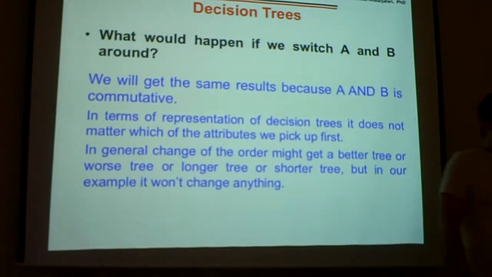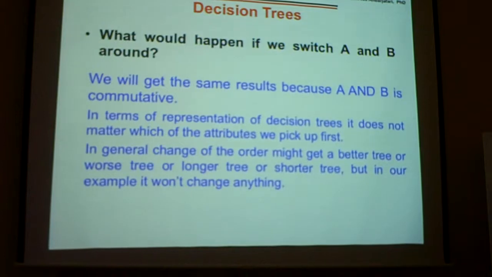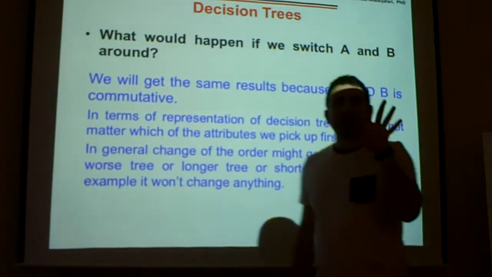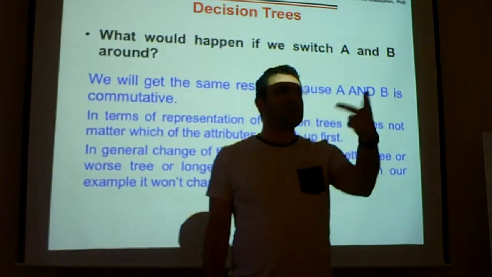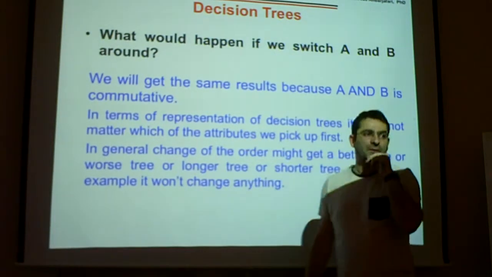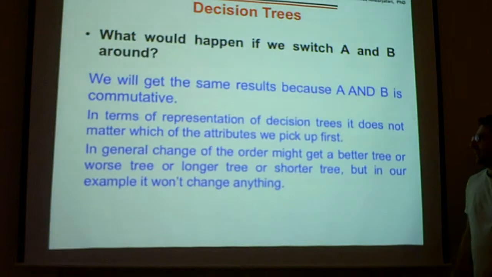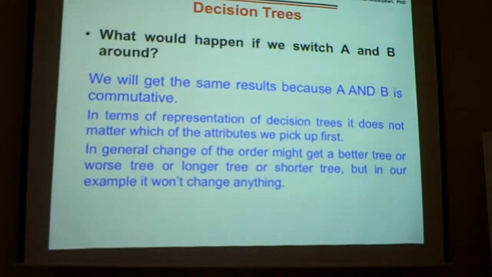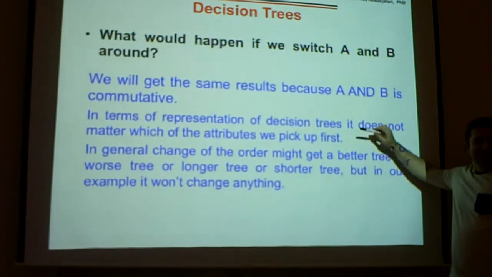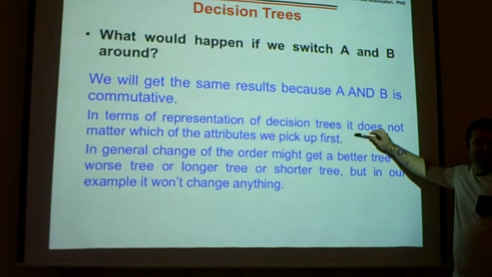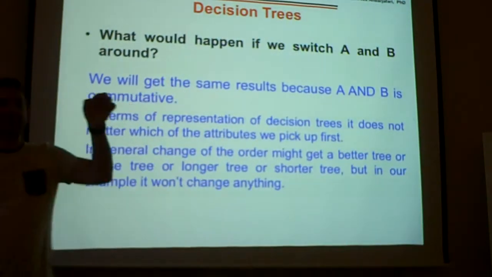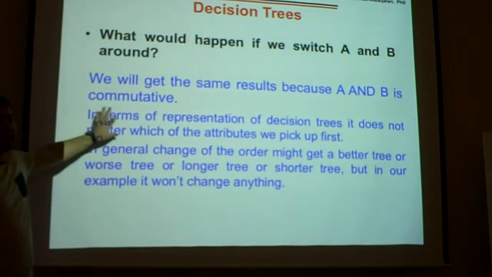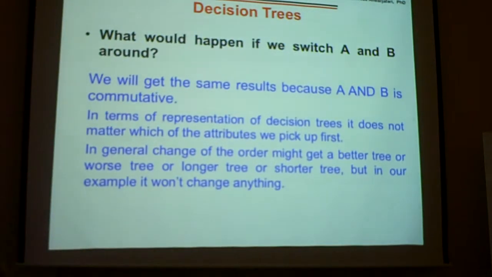But being commutative is not something very important which results in you being able to switch. We will do an example and you will see that switching, although they are commutative, will not always be harmless. Here in the AND example, it doesn't really matter if we choose B as the first thing or A as the first thing. It will not change our tree at all.